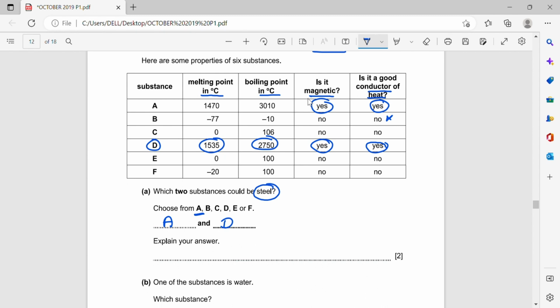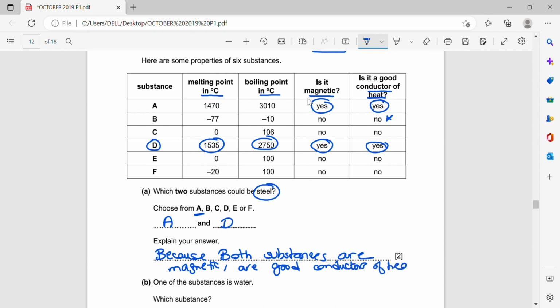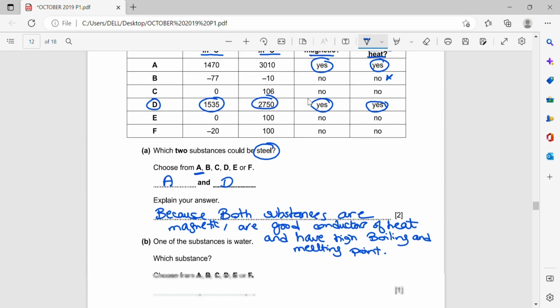Only one here, D. So steel could be A or D. Explain your answer. Because both substances are magnetic, both are good conductors of heat, and have high boiling and melting points. And all of these are properties of steel.